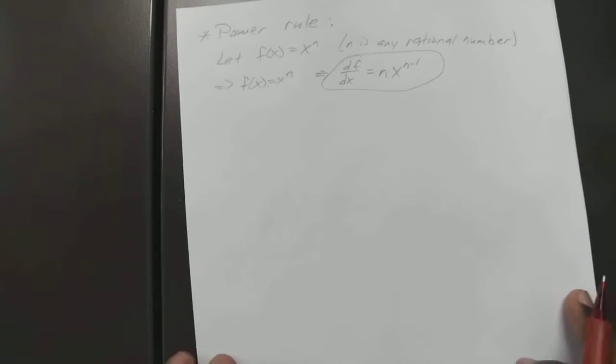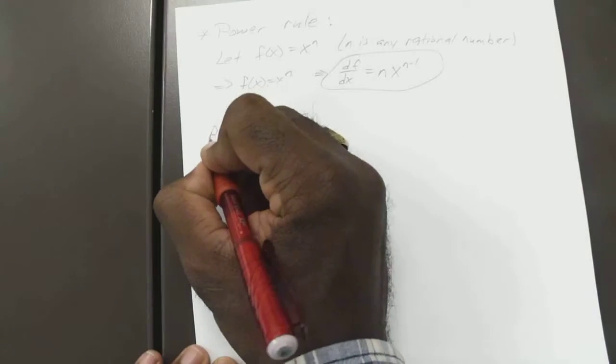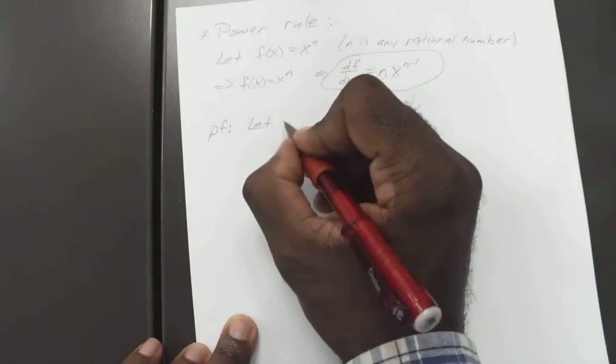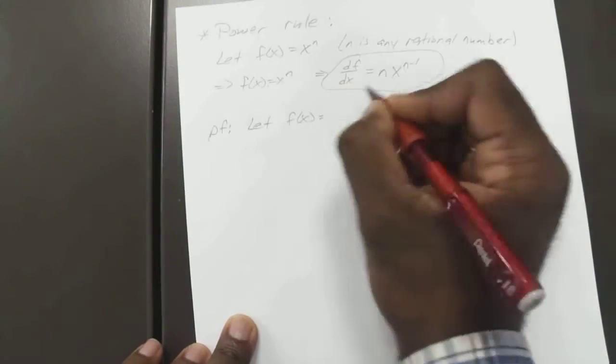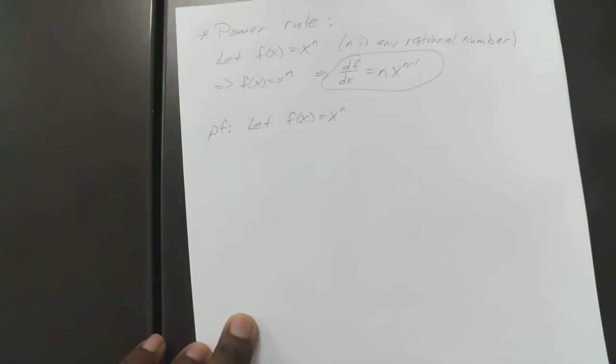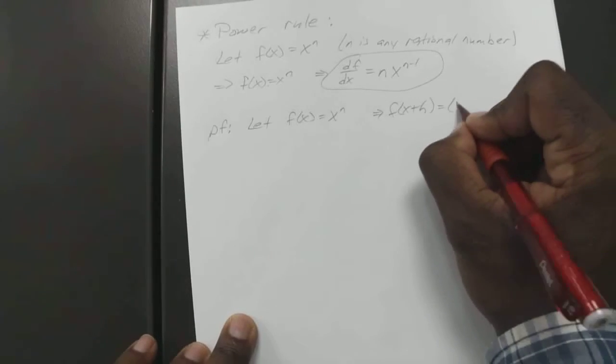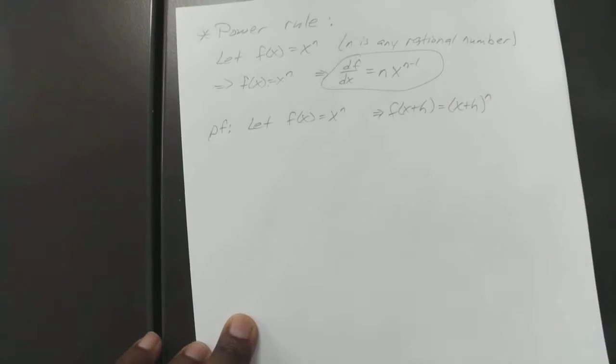Now the proof of this one is pretty similar. You're going to let f of x equal x to the n, which means your f of x plus h is going to equal x plus h to the power of n.